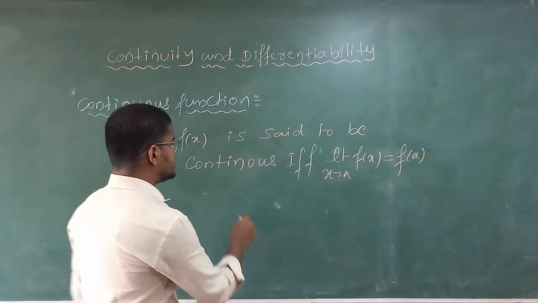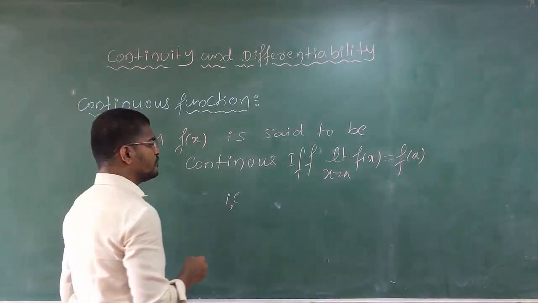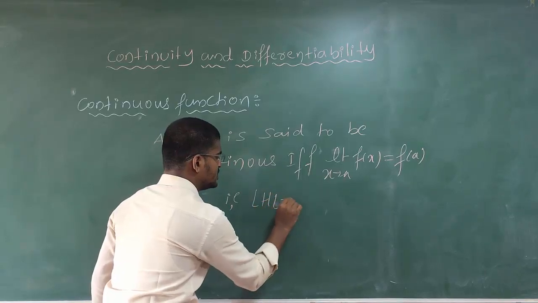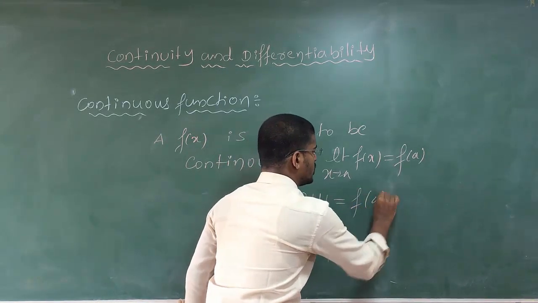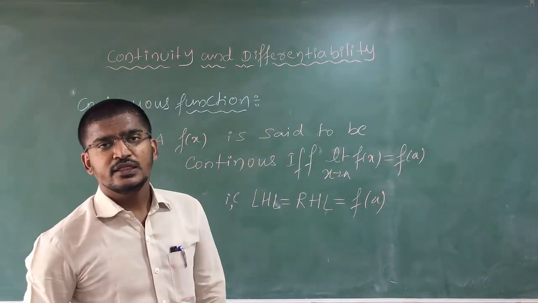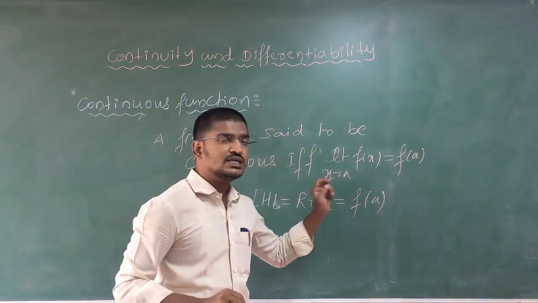Clear? That is, a function is continuous if and only if the left hand limit is equal to the right hand limit, and that is equal to f of a. Then we say that this function is continuous at point a.